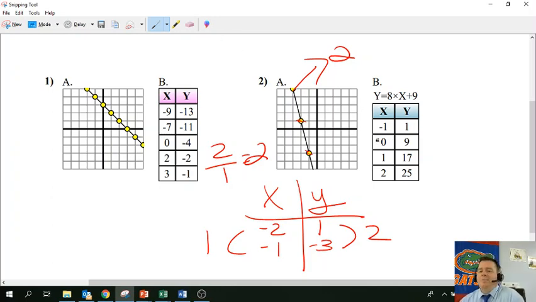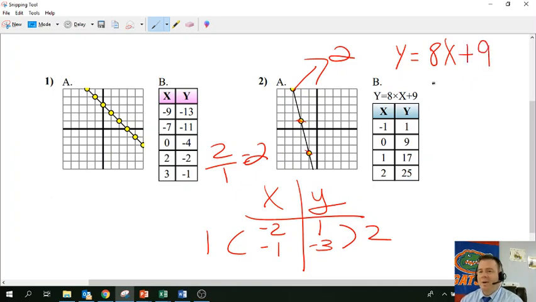Now we come over here and look at this one, and as you can see, you have an algebraic equation above it. It is 8 times x plus 9. If we want to simplify that to help us visually, 8 times x, of course, is 8x plus 9.